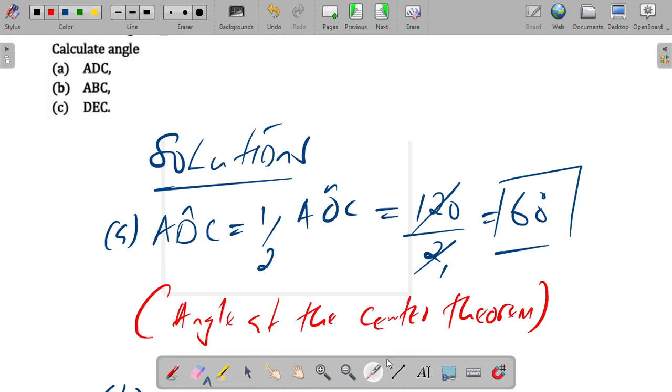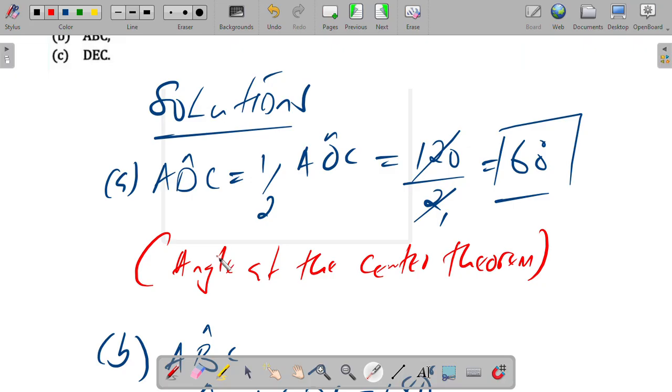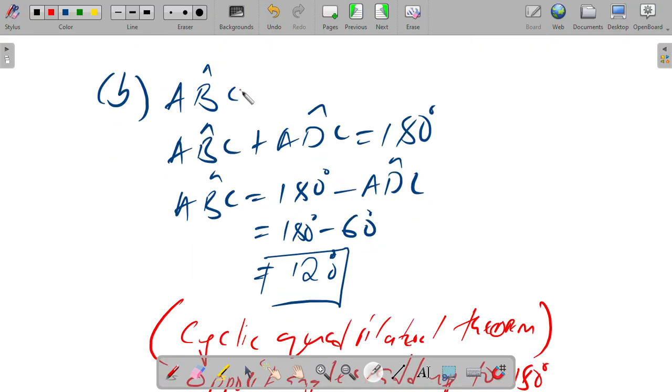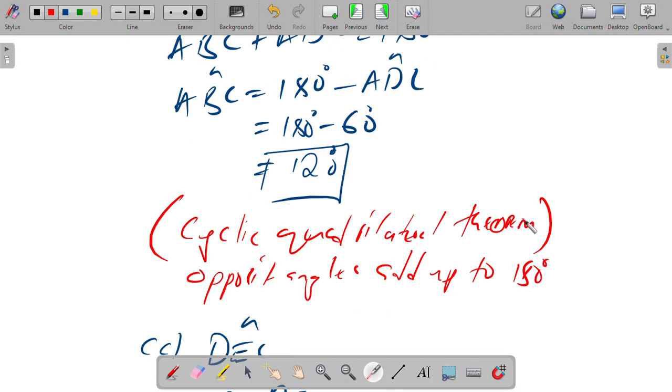So we have looked at the first part, ABC, and we got our angle 60. We also solved ABC and got our angle 120, which is the cyclic quadrilateral theorem: opposite angles add up to 180.